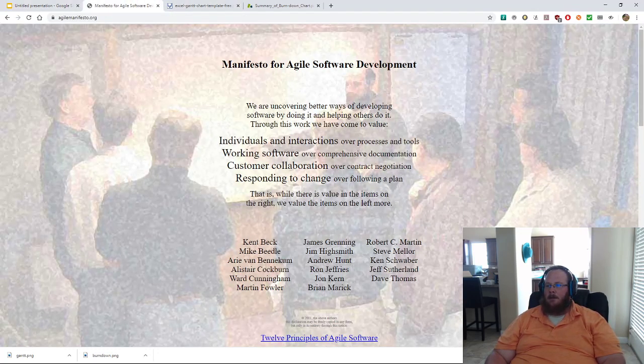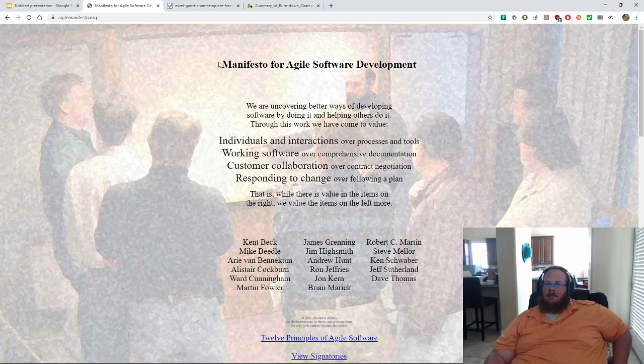So this is the Agile Manifesto. This was written in 2001? It didn't really take hold or get ground until 2007, 2008 maybe. Anyway, a bunch of leads of programming and development in the industry got together and said, okay, we need to specify some things because everyone wants everything perfect, and that's just not plausible.